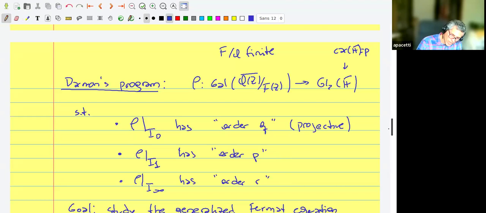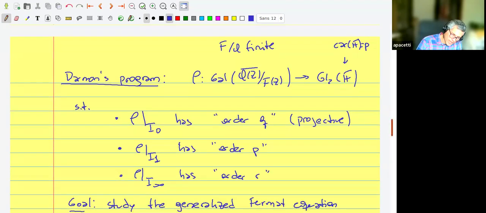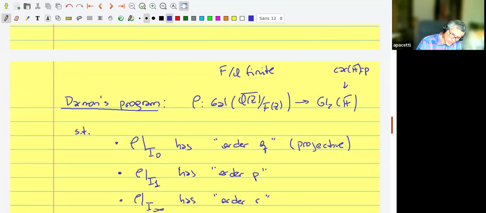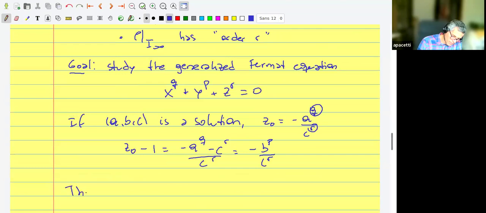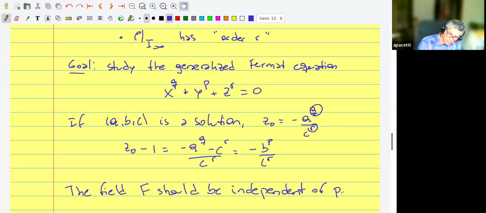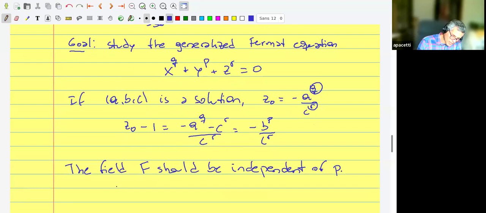other conditions. This field, the field F, which is going to be called the field of definition, the field F should be independent of the prime P. And the last condition you want, which is a technical condition, you want things to be rigid, so you want the determinant to be fixed.